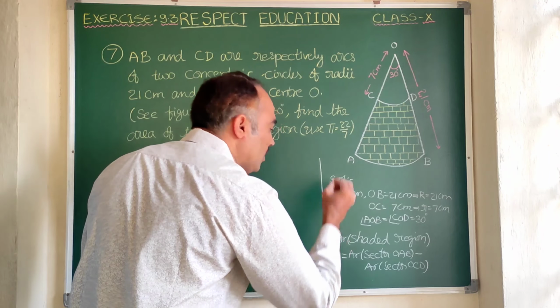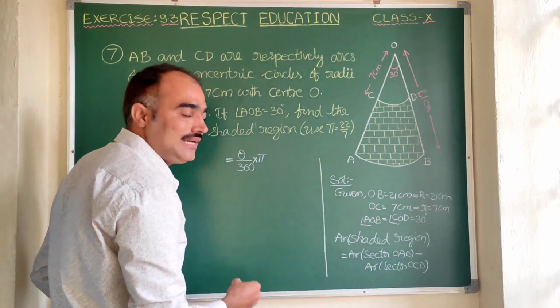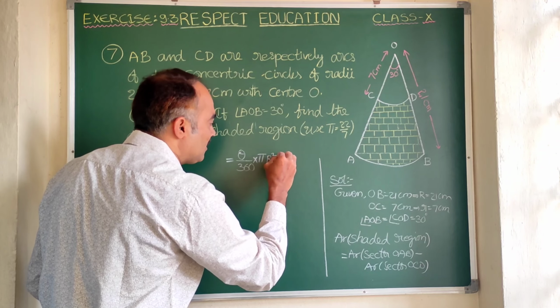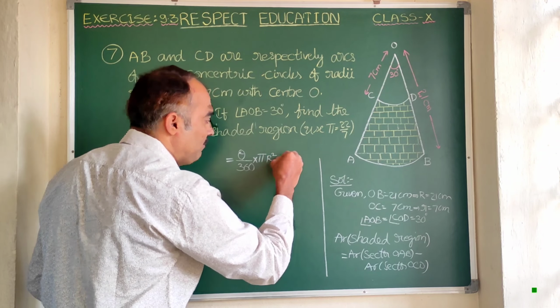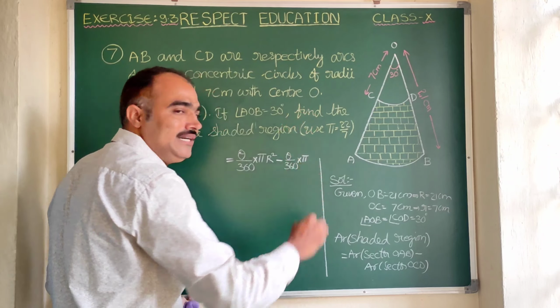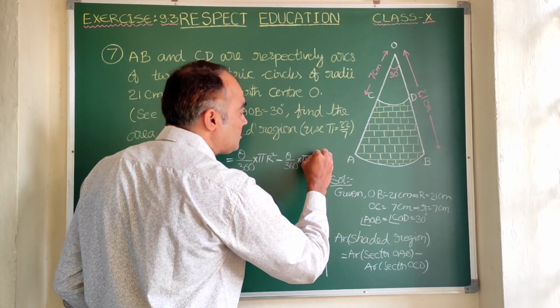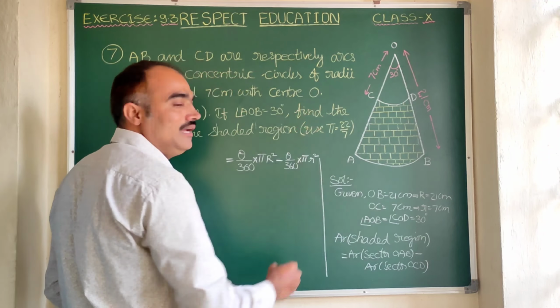So area of the sector OAB is theta by 360 into pi R square, taking the radius of the bigger circle as capital R, minus area of the smaller sector whose central angle is the same, theta by 360 into pi r square, small r square because this is the sector of the smaller circle.